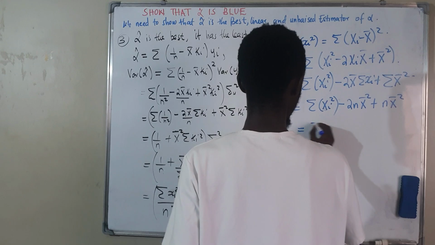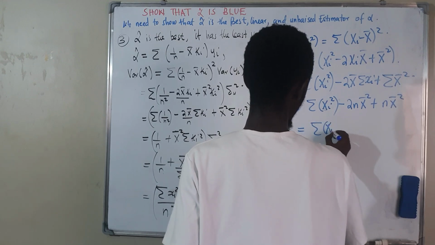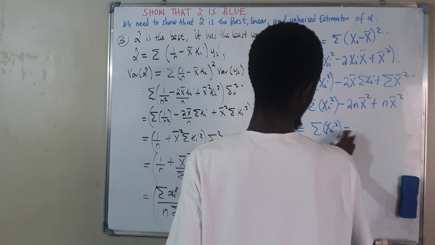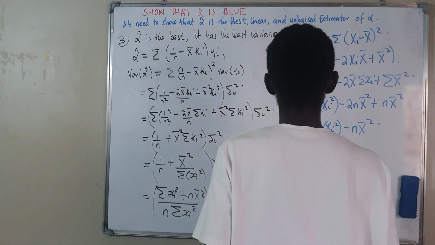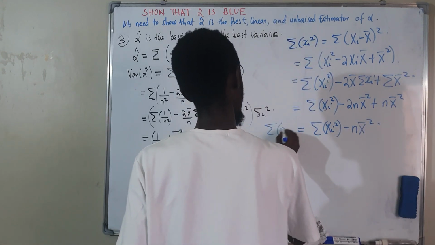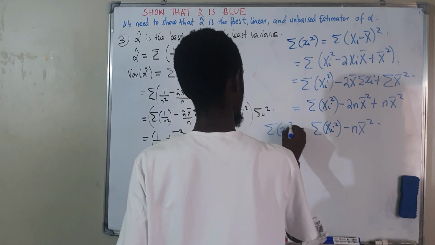Therefore, finally I have summation of capital Xi squared minus nx bar squared. But remember, this is summation of small xi, everything squared.